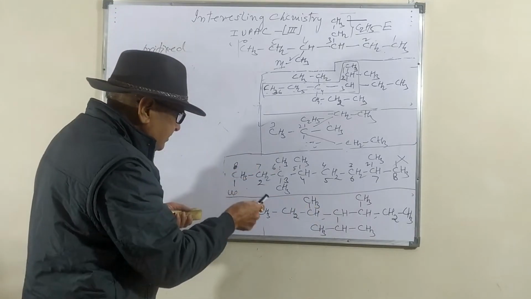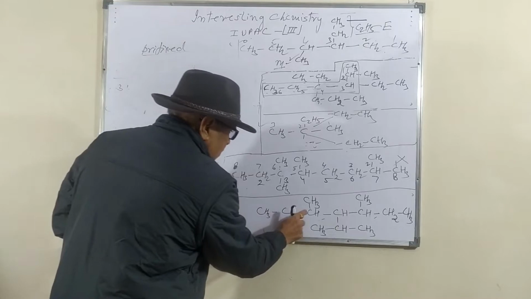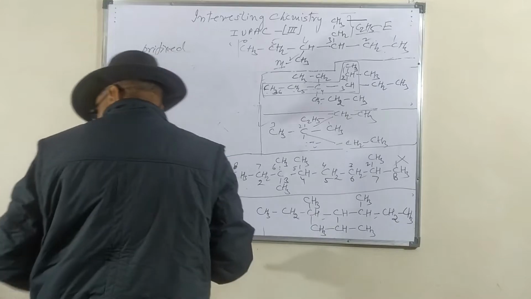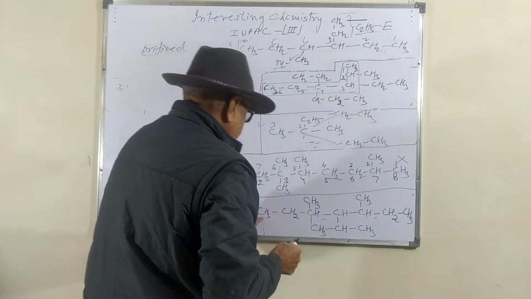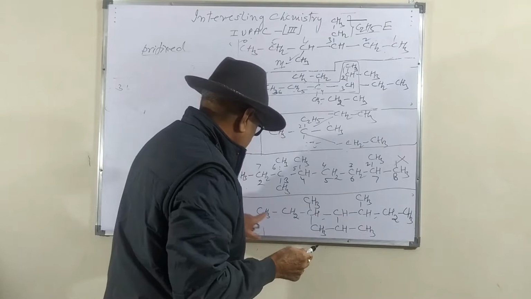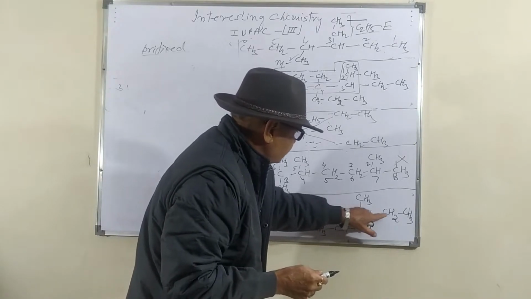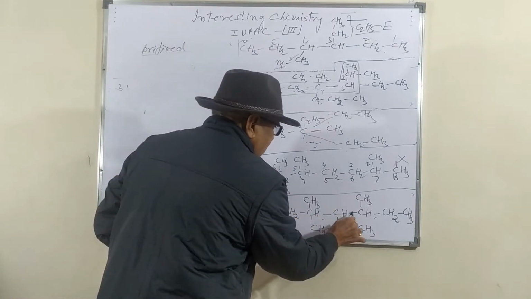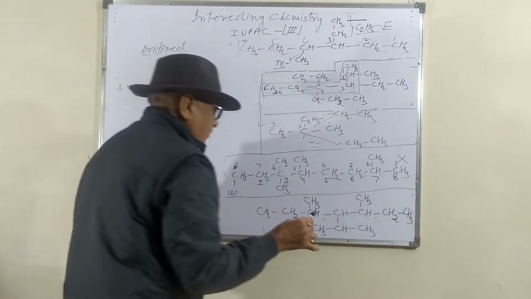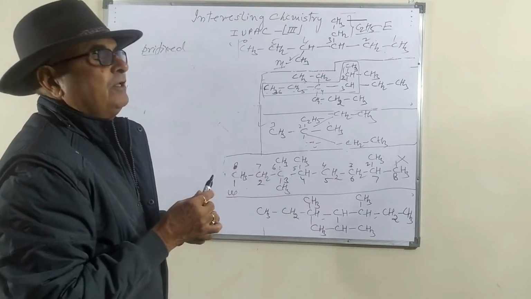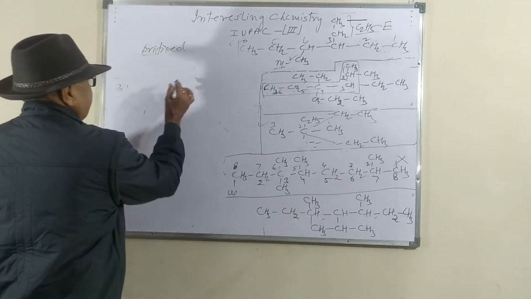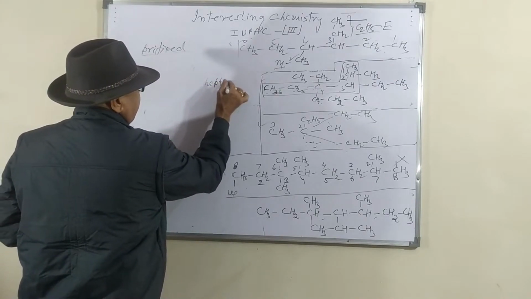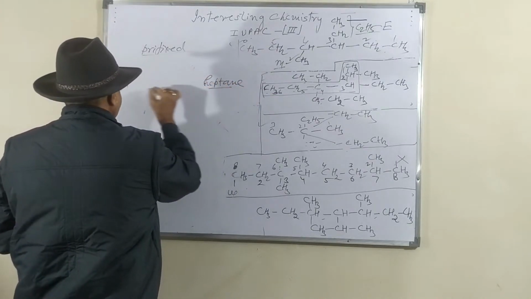Which one is the longest chain? 1, 2, 3, 4, 5, 6 and 7. So the name of the parent compound will be heptane here.